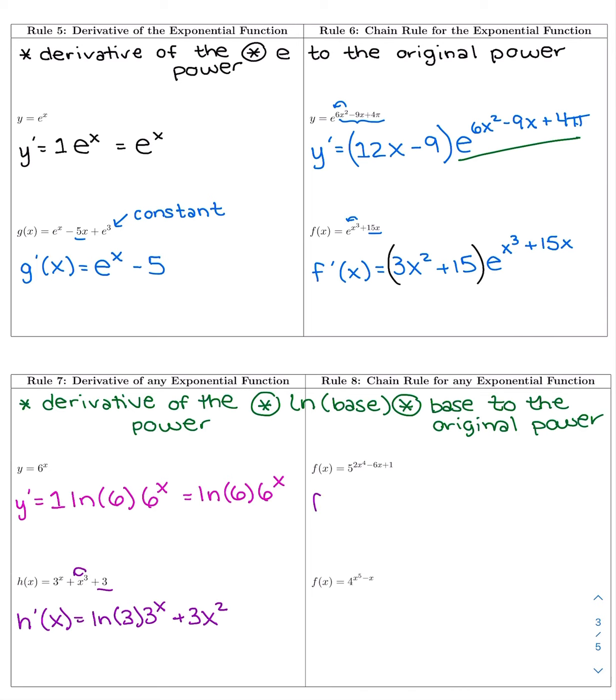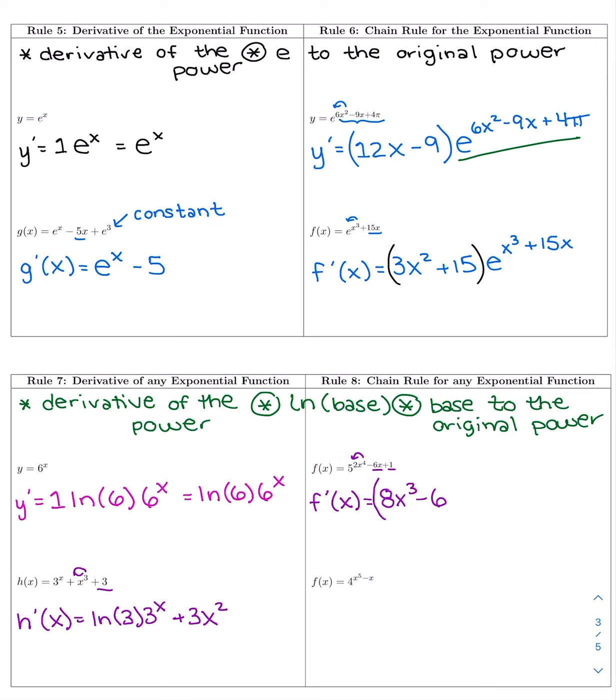For the next one, we have 5 to a power that's more than just a regular x. So we're going to start with the derivative of the power. Derivative of 2x to the fourth is going to be 2 times 4 is 8x cubed. Derivative of negative 6x is negative 6. Derivative of 1 is 0, because that's a constant.